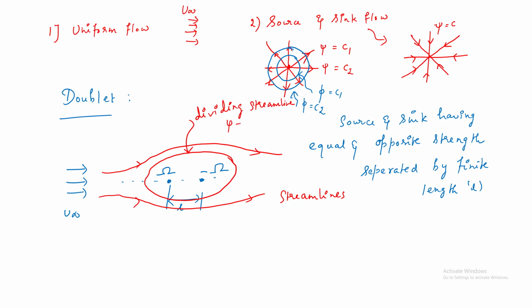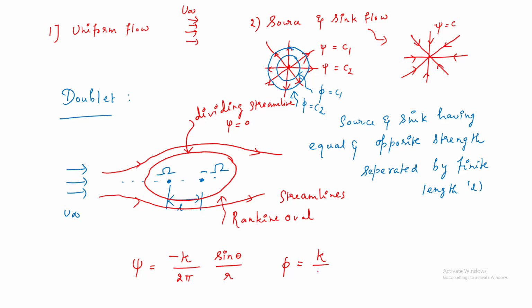where psi will be 0. This oval is also called a Rankine oval. Just to complete this, the stream function will be calculated to be kappa by 2 pi sine theta by r.